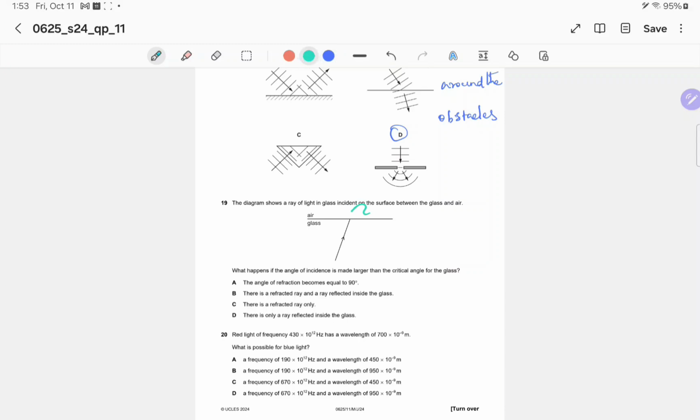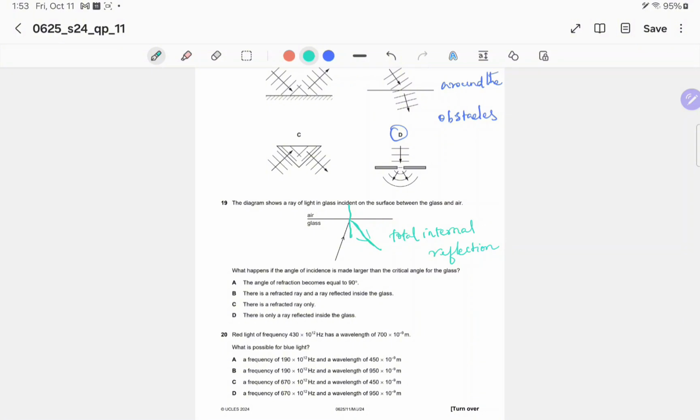Automatically it will be reflected back into the glass medium itself. This is called total internal reflection.